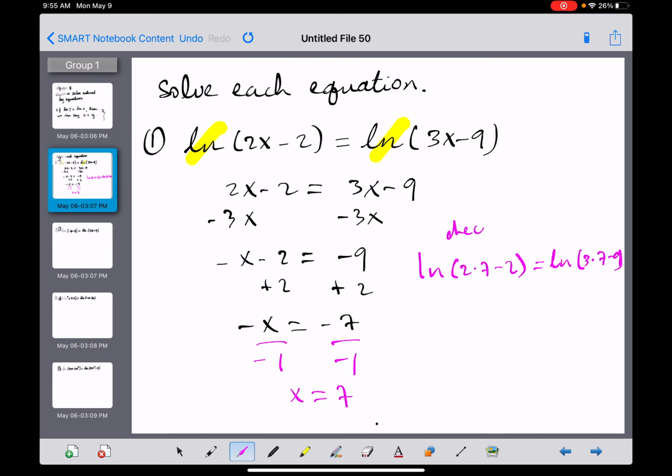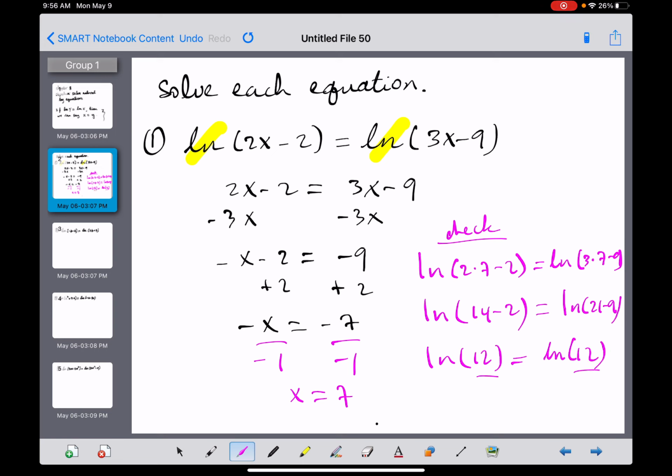This is checking, okay? This is supposed to be done mentally, but I'm showing my work so that you see. ln of 14 minus 2, which is ln 12, equal to ln of 21 minus 9, which is ln 12. Notice they're both positive, they're not negative numbers, so that means x equal to 7 is a safe answer, okay?